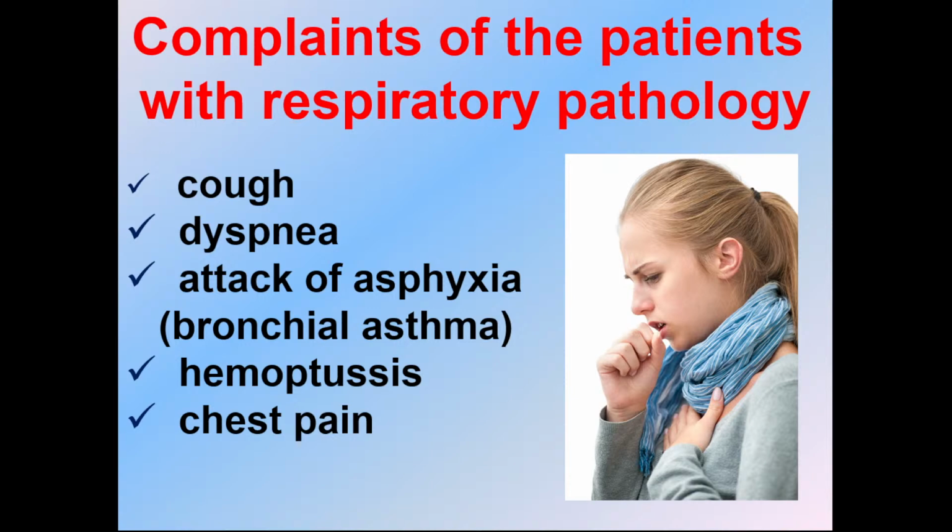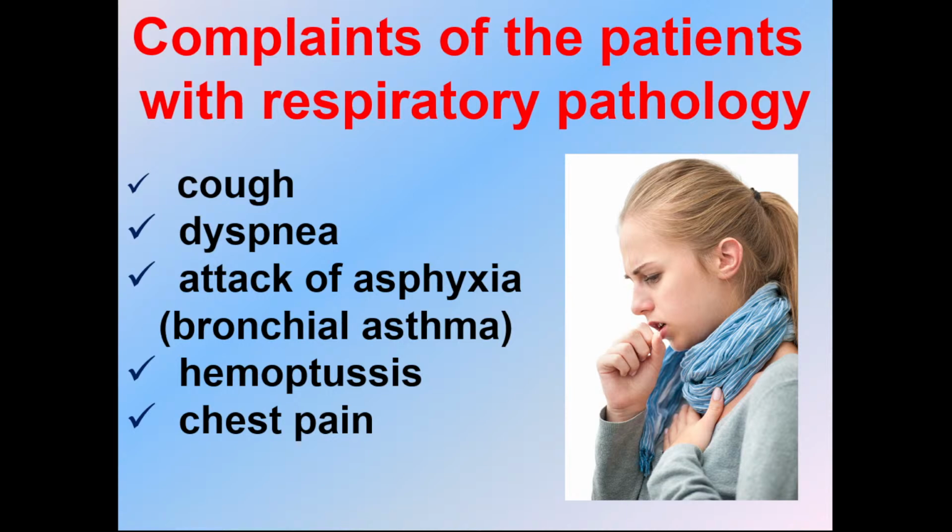And I want to show you main complaints of the patient with respiratory pathology. First of all, patient can complain of cough, dyspnea, difficult breathing, attacks of asphyxia when the patient feels severe problems with breathing or suffocation. If it appears suddenly, it is called asthma.